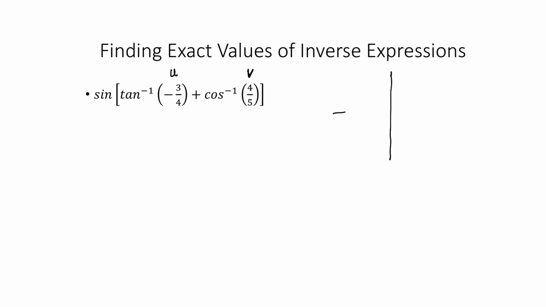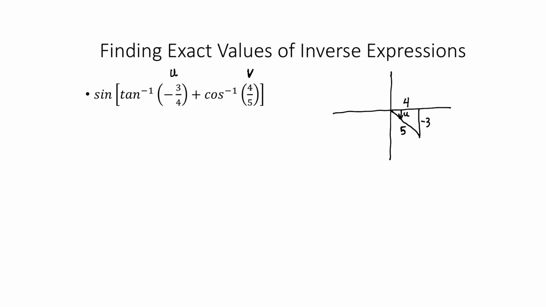In this case, they're very similar, but notice that our tangent is negative, and tangent -3/4 puts it into the fourth quadrant, just like sine. We're going to call this the U angle. It's negative 3/4, which is opposite over adjacent. And so this is a 3, 4, 5 triangle, so I'm going to go ahead and mark that last 5.